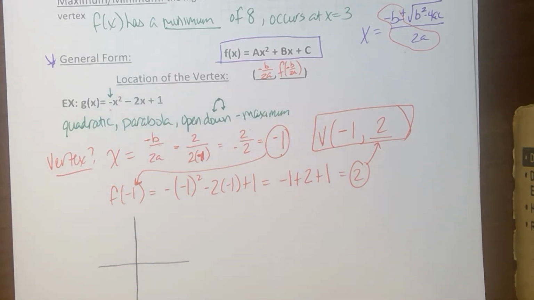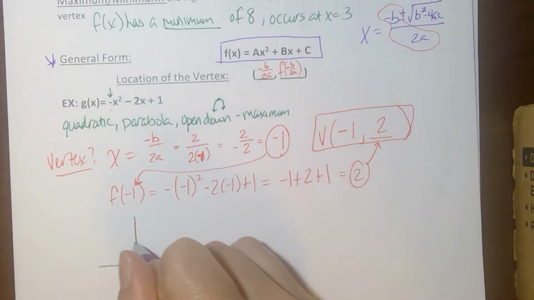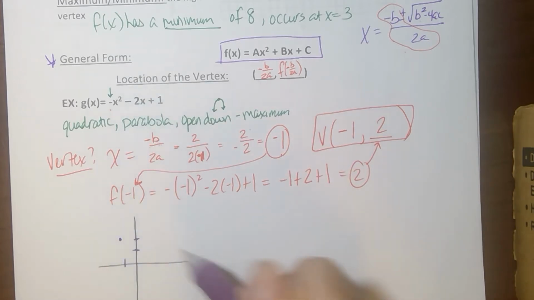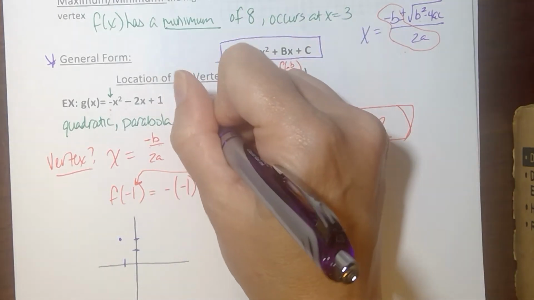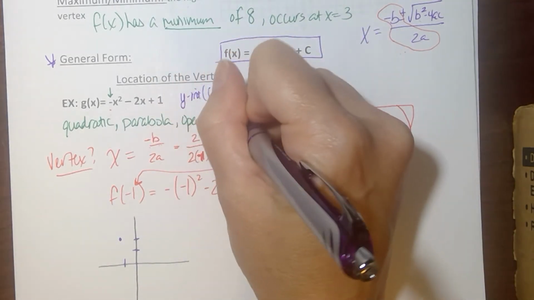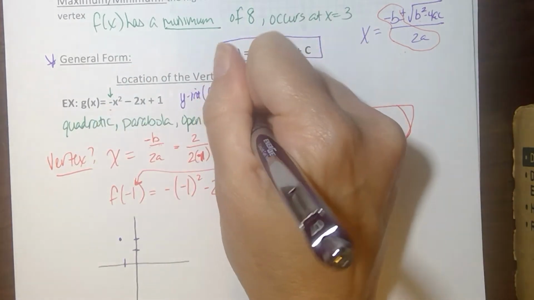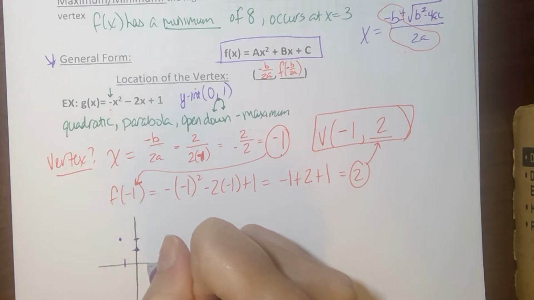Okay, we've got a vertex at negative 1, 2. So negative 1 is to the left, 2 is up. And we know our function is going to open down. Remember I said that my y-intercept always happens where x is 0. If x is 0 here, y is 1. So my y-intercept is 0, 1. So there is another point.